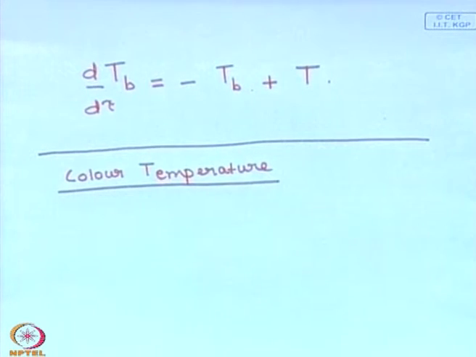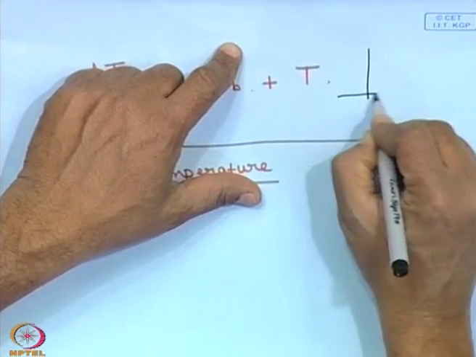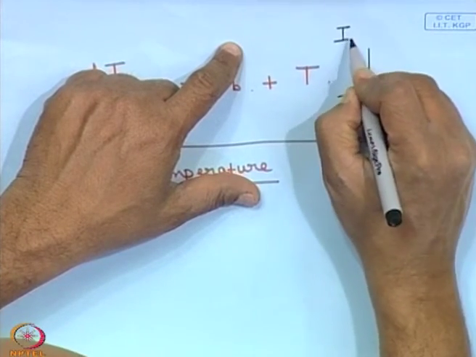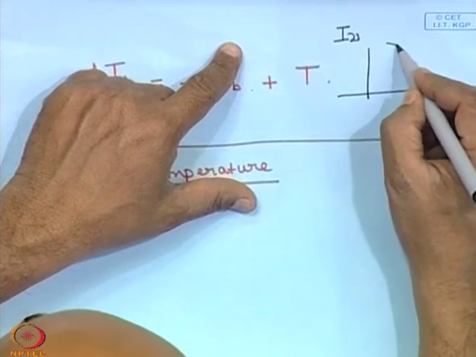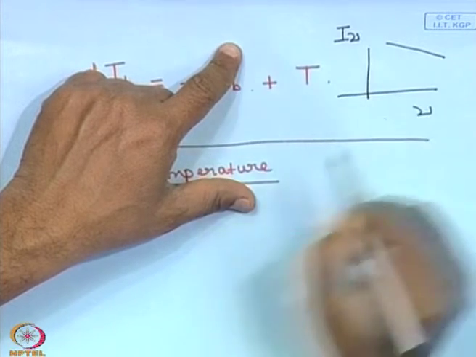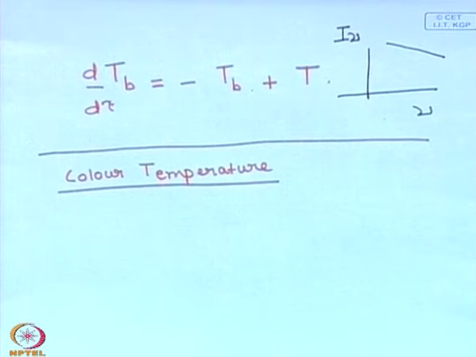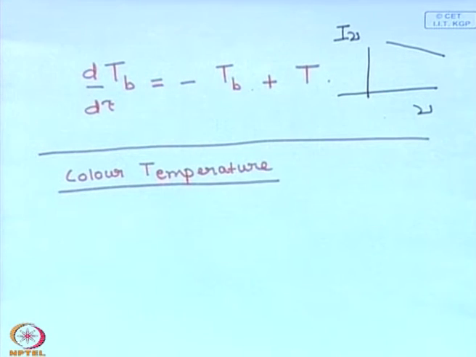Okay. Now, just before finishing the brightness temperature, the brightness temperature is used for any arbitrary radiation. I just equate it to the Planck spectrum at that value and find the temperature. So, let us consider a hypothetical situation where I measure I nu from some source which looks like this. This is obviously not a black body spectrum.